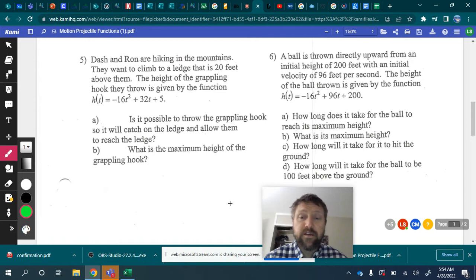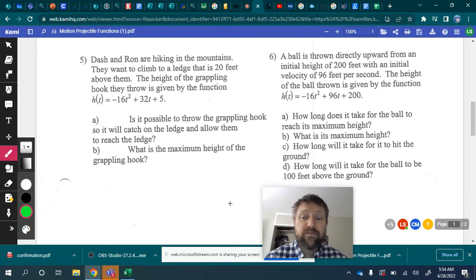All right, good. So we have 2 numbers there that are important, and you can see where those 2 numbers go in the equation. Okay, 96 is the upward velocity. That's going to be the linear term in the middle, and then 200 is the initial height where we start at time 0. That's the constant term.